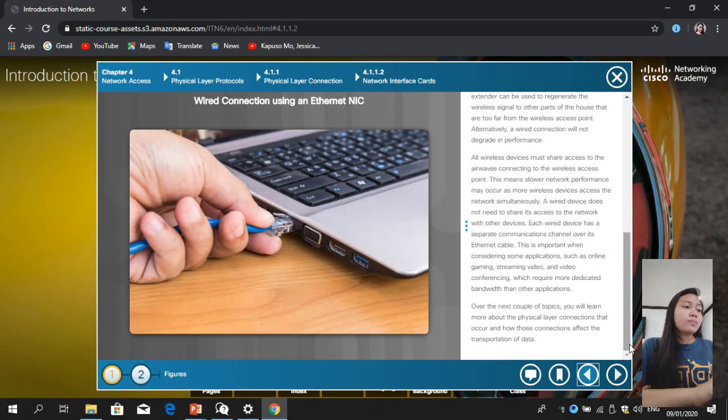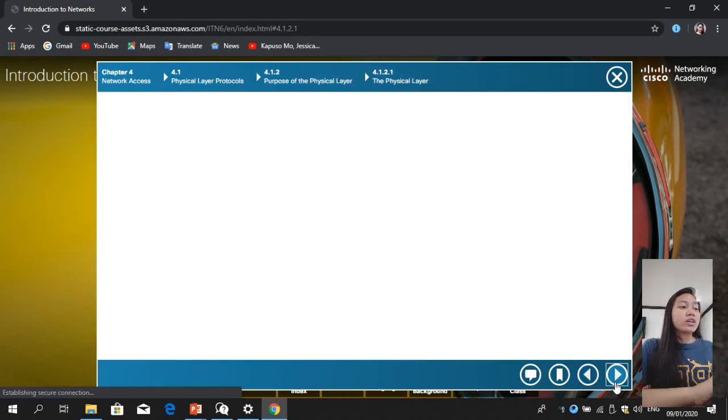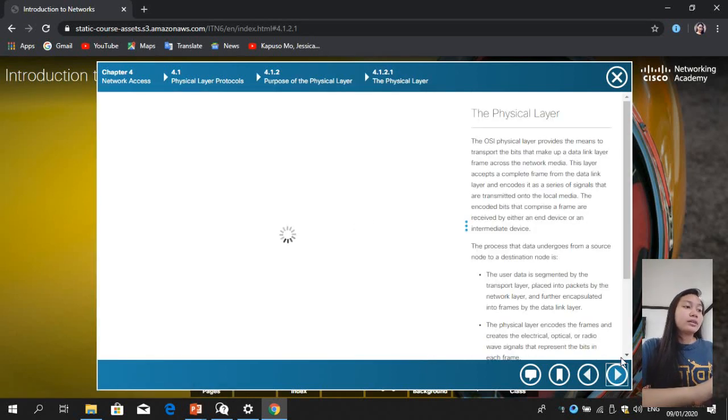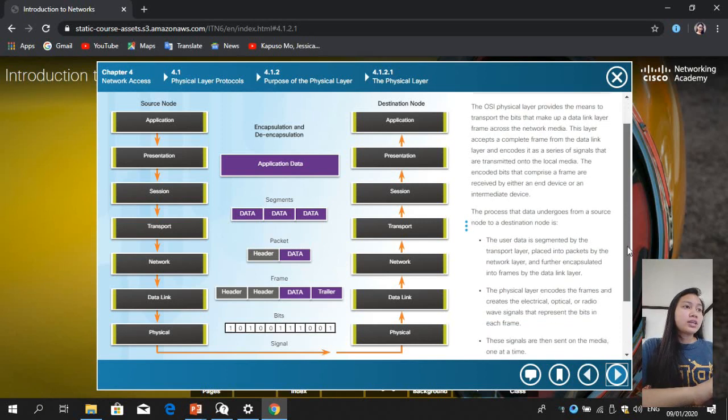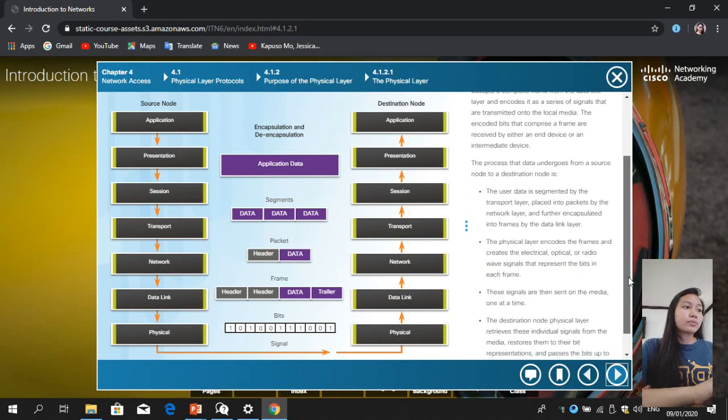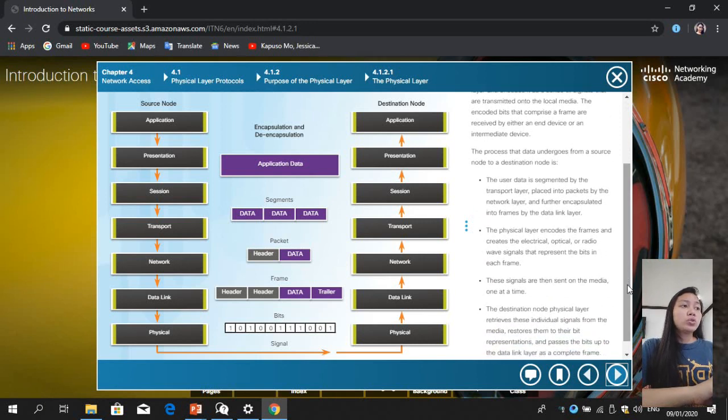And also, in these topics, we will learn about the physical layer connections that occur and how those connections affect the transporting of data. We also study here the physical layer and the process that data undergoes from a source node to a destination node.